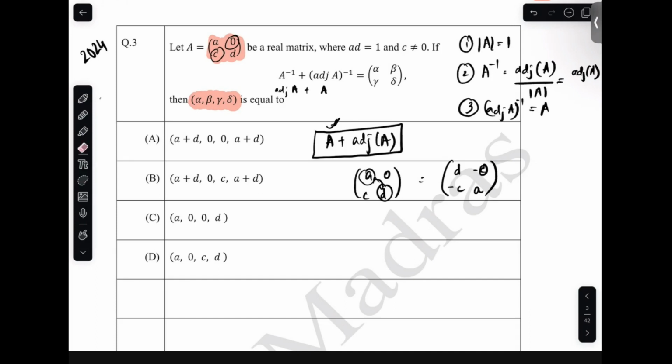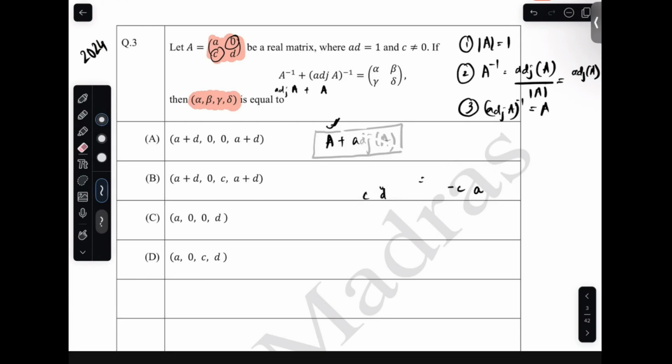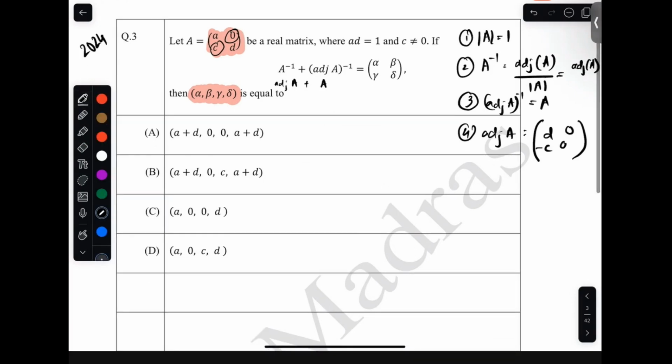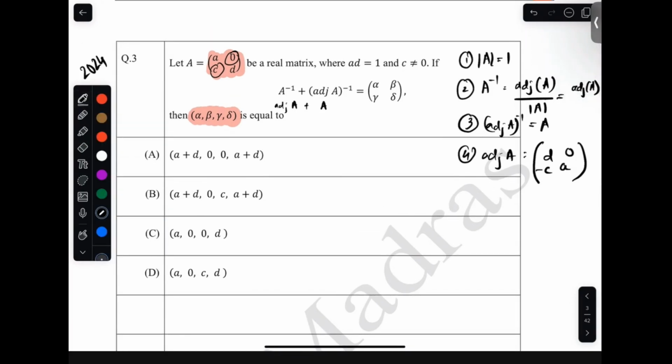Okay, so therefore let's write it down clearly. Adjoint of A is equal to, therefore, D, minus B, minus C, and A. Okay, and therefore you have to add them up now.